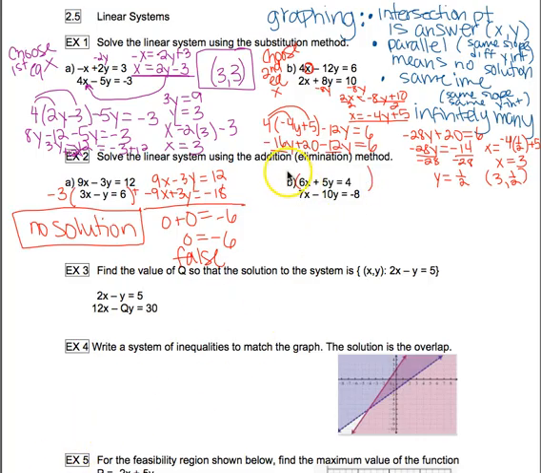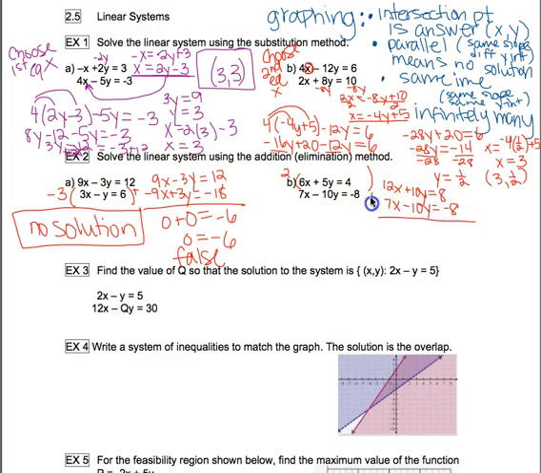So I multiply this equation by 2, and remember it's the whole thing, not just the y's, the whole thing. So 12x plus 10y equals 8. 7x minus 10y equals -8.